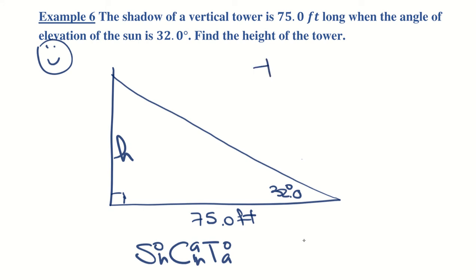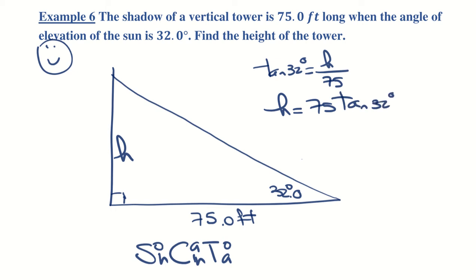All right, so tangent of 32 degrees equals h over 75, opposite over adjacent. So h is 75 tangent of 32 degrees.